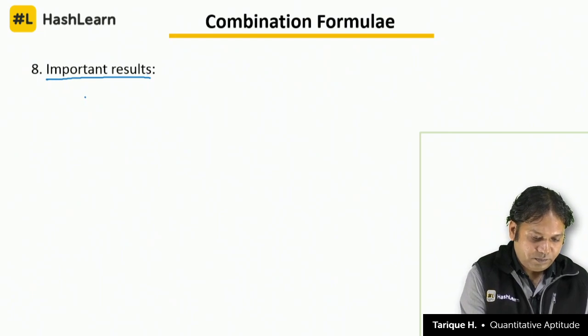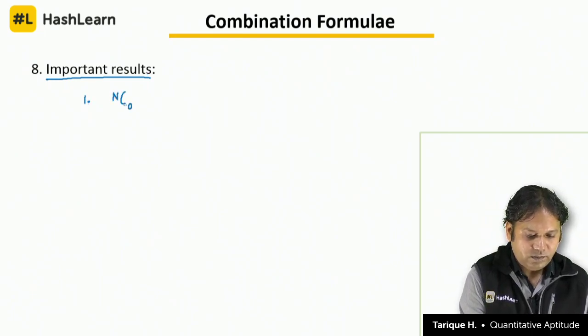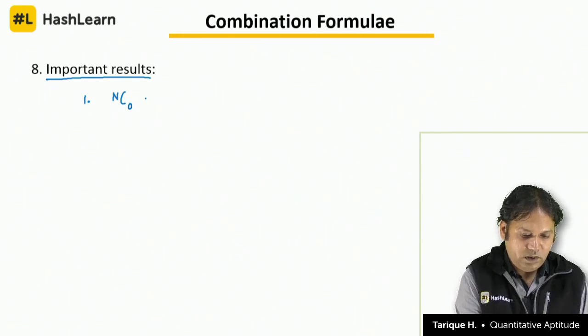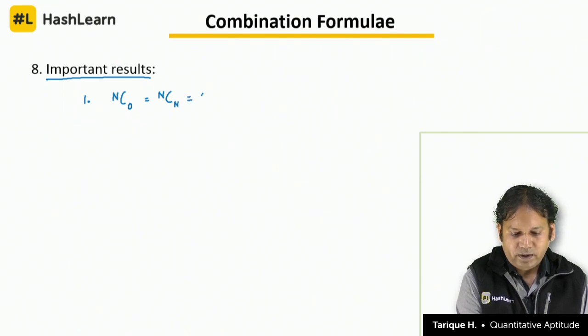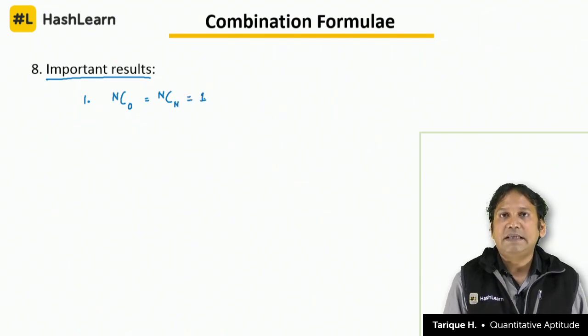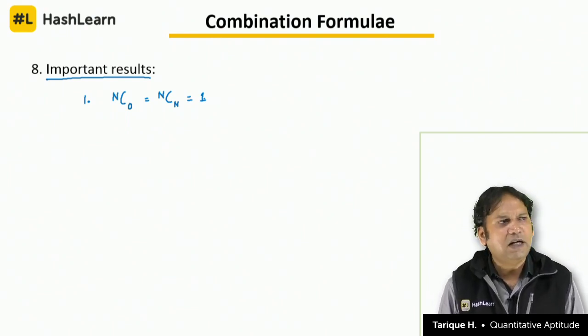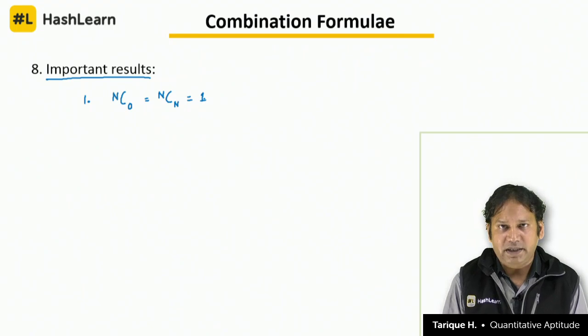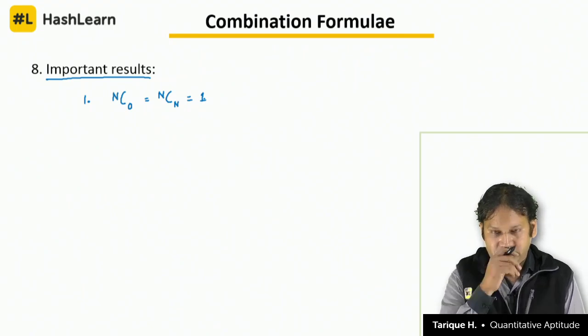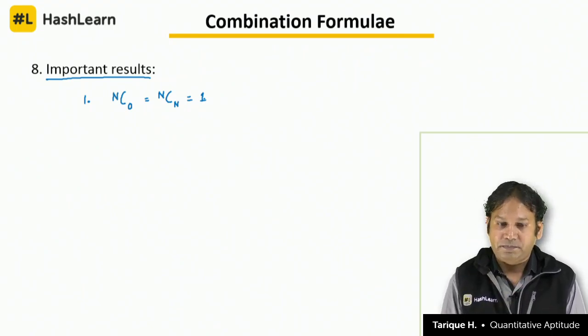First one is that NC0 is equal to NCN is equal to 1. That means if I select 0 things from n distinct things, or if I select all things from n distinct things, the number of ways of doing it is only 1.